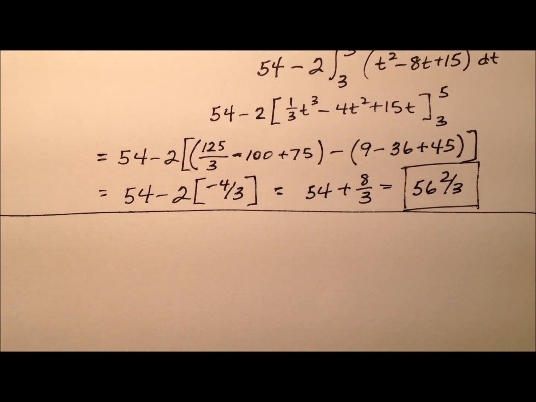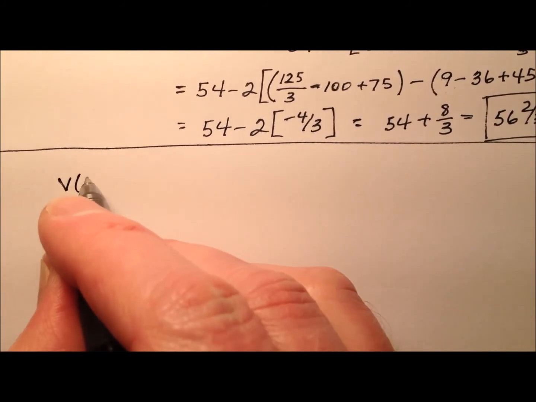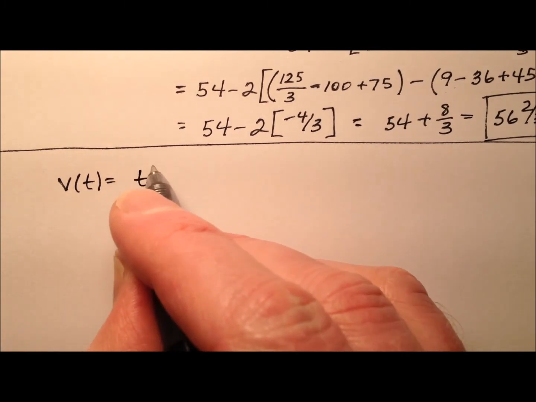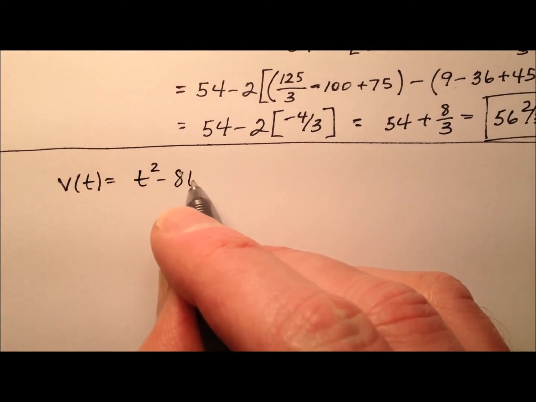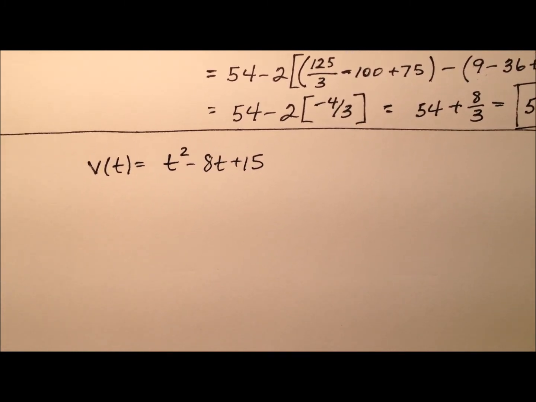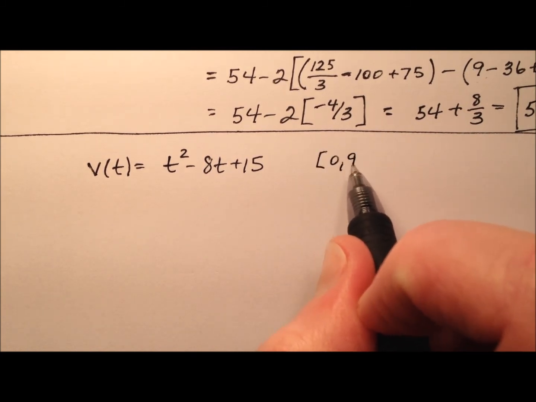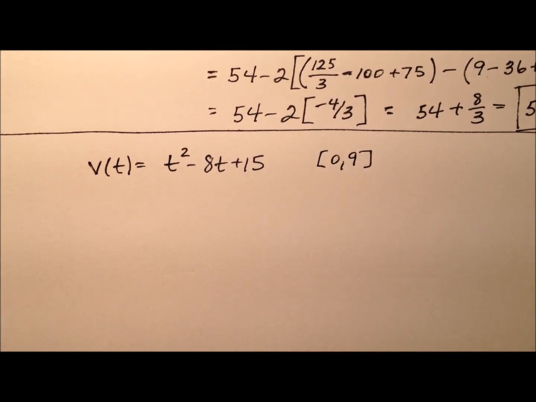Okay, so there's that part. And finally, the last piece that I want to talk about is the average velocity of our function. Once again, we know our velocity is t squared minus 8t plus 15. And I want to know the average velocity that our function takes from 0 to 9 time-wise.